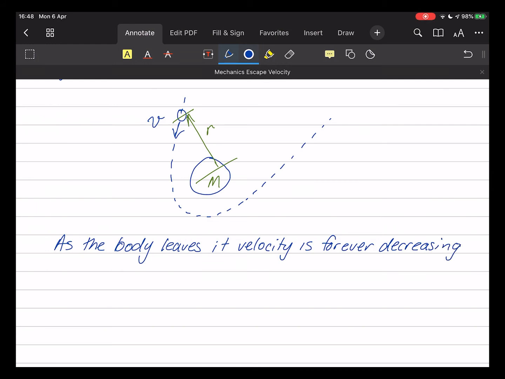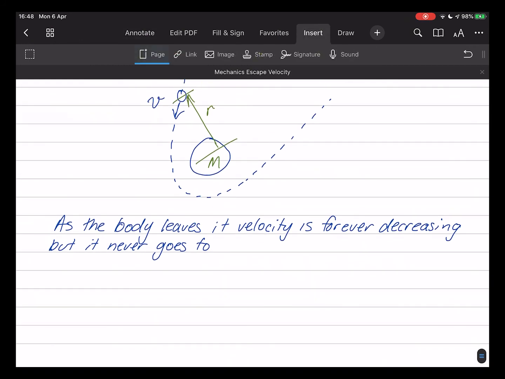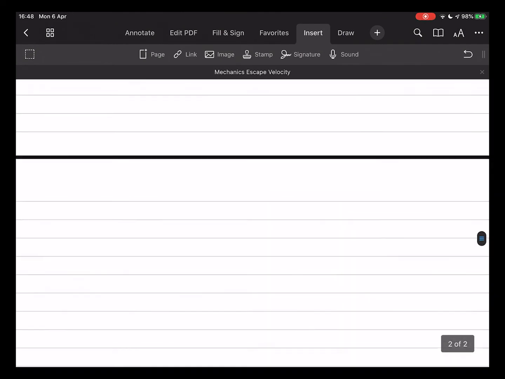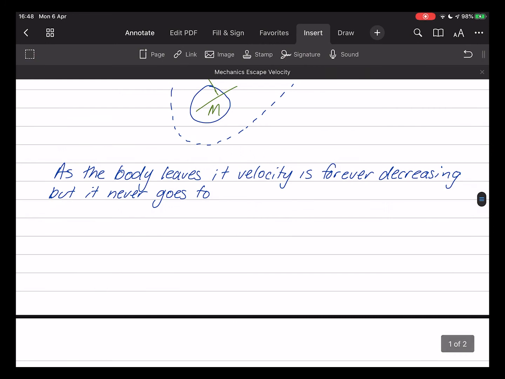It is forever decreasing, but it never goes to zero. So as the body leaves, its velocity is forever decreasing, but it never goes to zero.